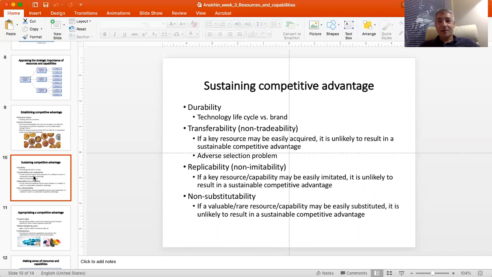So even if you come up with a great technology, a few years down the road, someone will have a better idea. So technology itself, because of shortened technological life cycle, is not likely to be a source of very durable competitive advantage. On the other hand, if you think about things like brands, they're not rooted in a specific technology, they kind of have a life of their own.